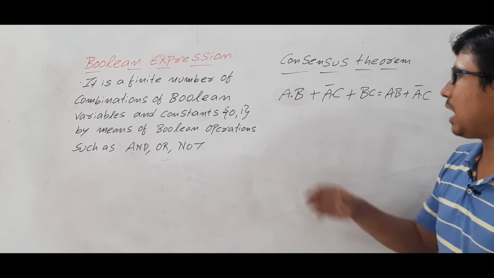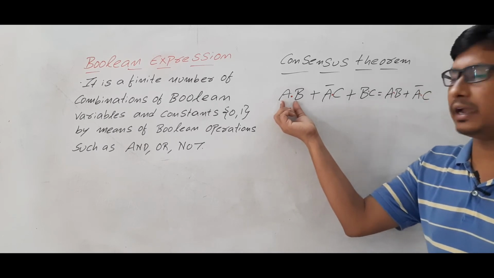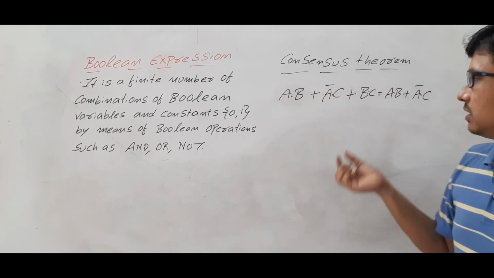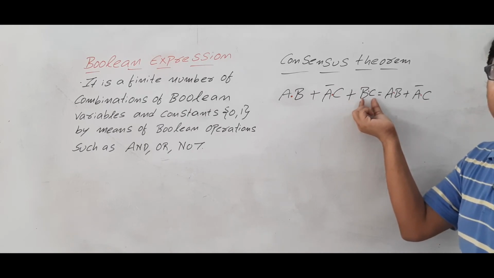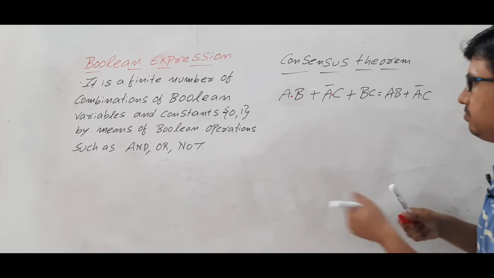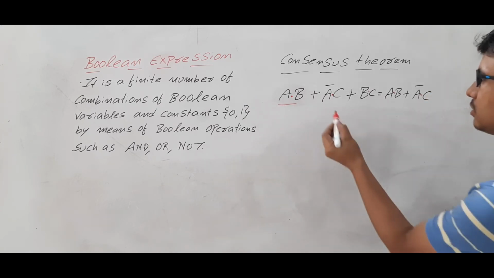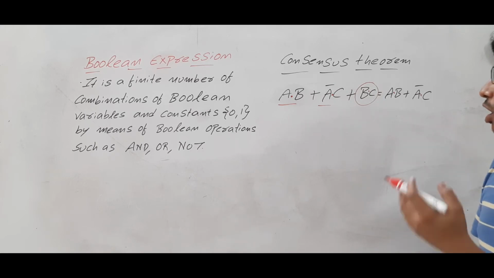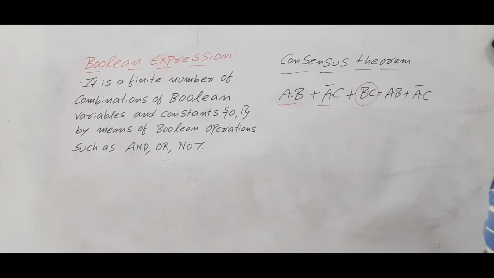Now the LHS is AB or A's complement C plus BC, which is simplified as AB or A's complement C. This term came, and this one came, and this one is reduced, meaning removed. How, I will discuss with a proof.